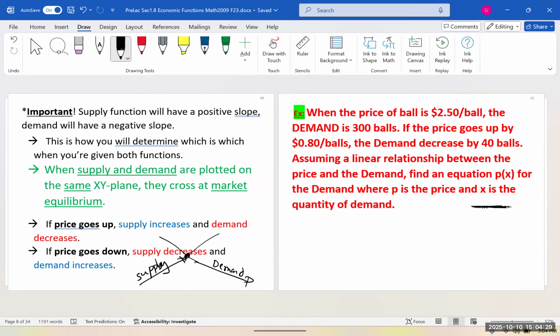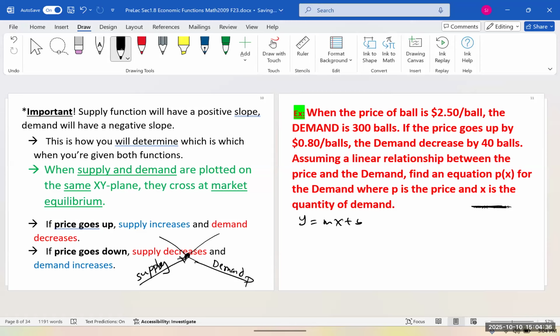Same scenario, x is the quantity. So we know it's y equals mx plus b. But here they're saying to use their individual variable. So they want us to write P of x equals something x plus something.